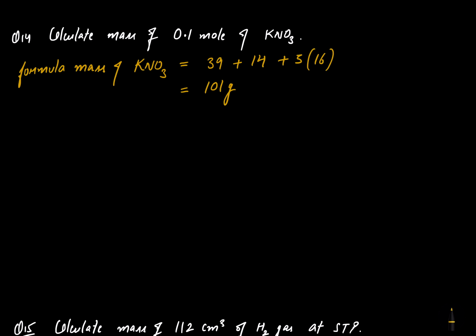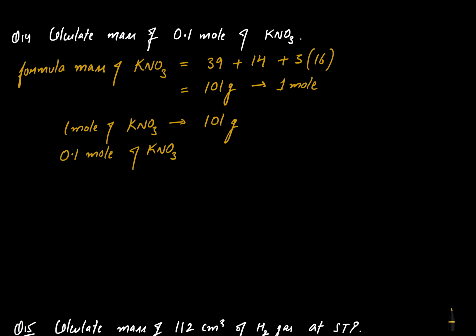So that means this is the 1 mole. The formula mass is the 1 mole. That means 1 mole of KNO3 will weigh 101 grams. Then 0.1 mole of KNO3 will weigh 101 into 0.1.